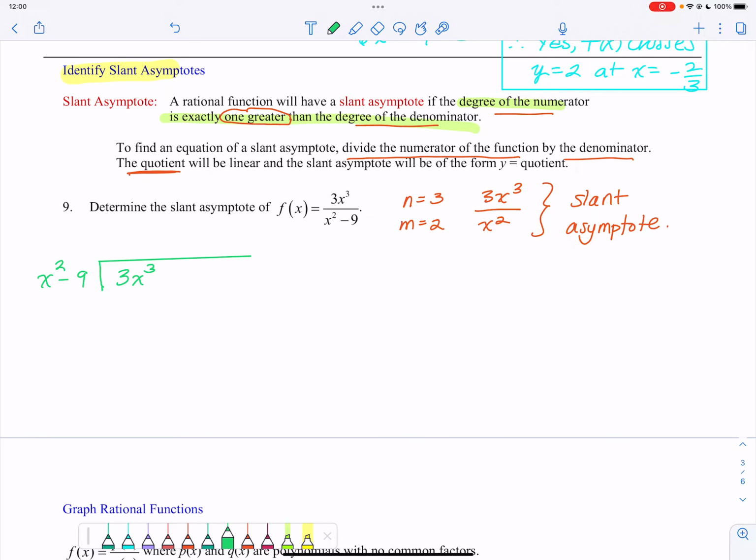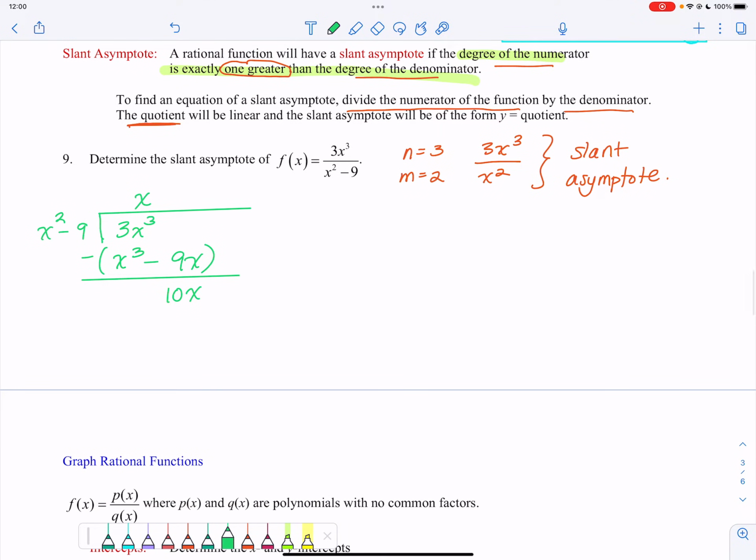And we can multiply this by an x, so we have x cubed minus 9x. And then we have 10x. And then let's see. Oh, I messed this up here. Minus, yes, 3x squared.